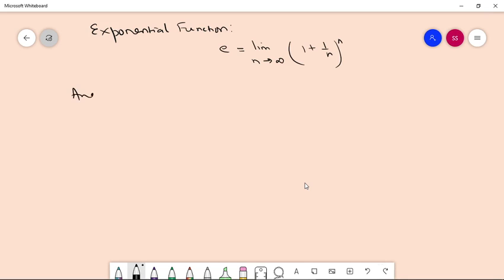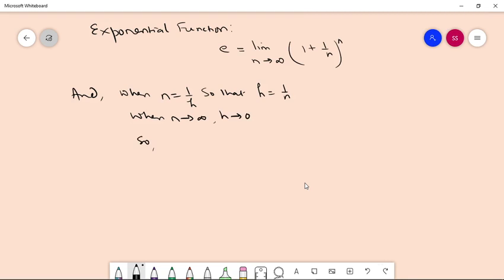Also when n equals 1 by h, so that h equals 1 by n, when n tends to infinity, h tends to 0.